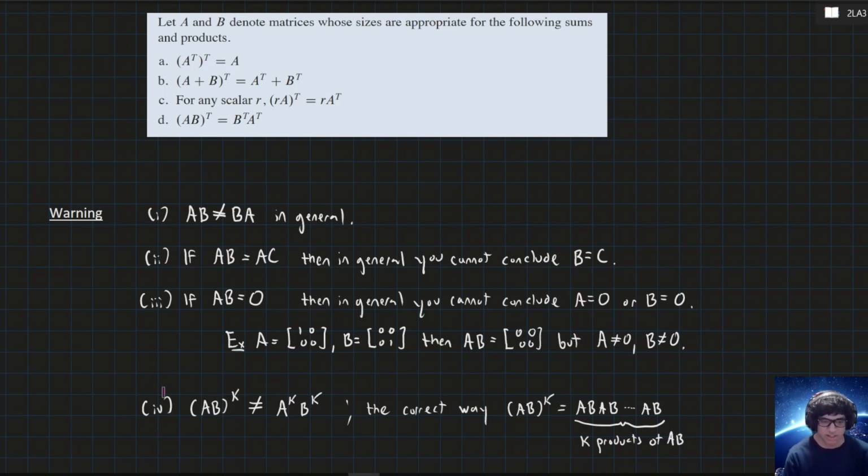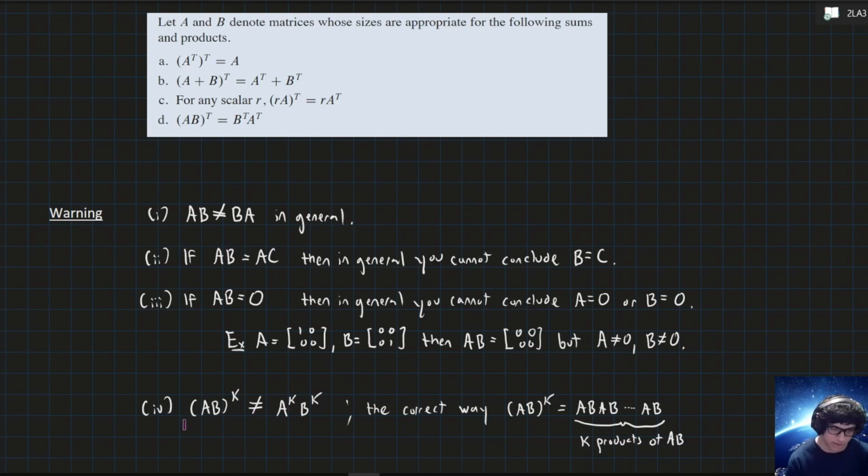The last warning is about taking powers of products. If you have A times B and you're trying to raise it to the power K, then you can't write it as A^K B^K. You can do that with real numbers, but not with matrices.